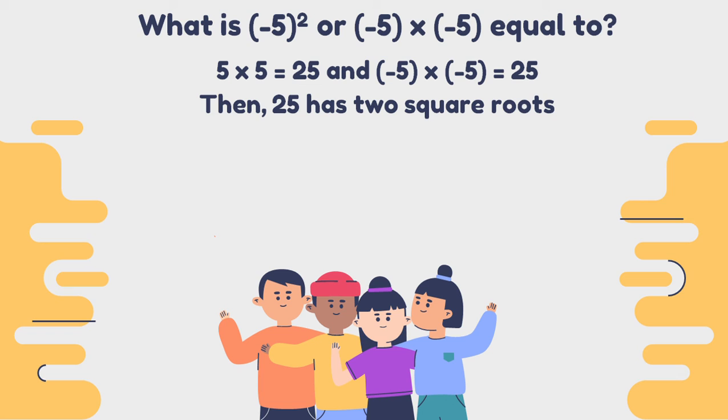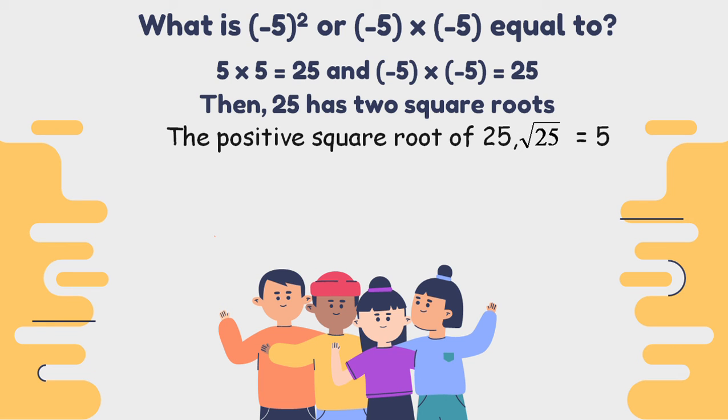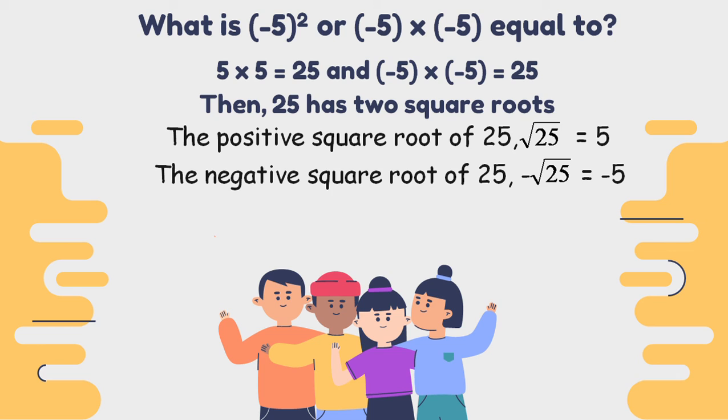Then 25 has two square roots. The positive square root of 25 is equal to 5, and the negative square root of 25 is equal to negative 5. And then you can write it like this.